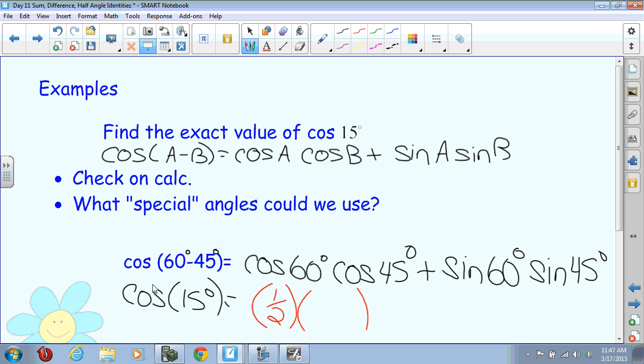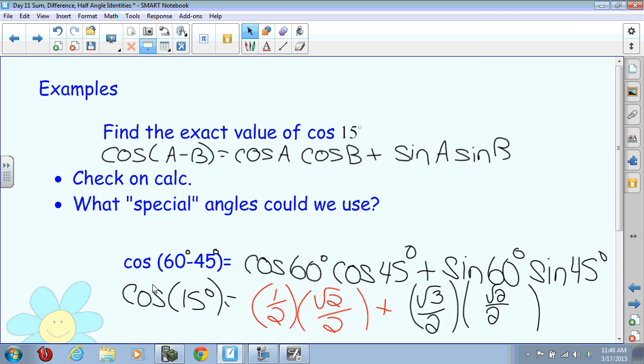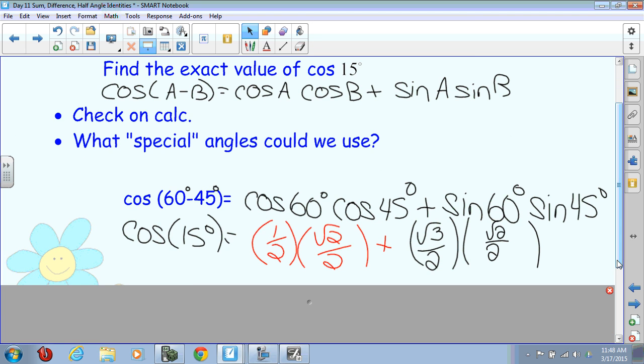What is that? Radical 2 divided by 2. Radical 2 over 2. Remember, we're working with exact values. You have to recognize those decimals. Plus, Haley, sine 60. Good. And Vanessa, what do you have for sine 45? Awesome. Super.